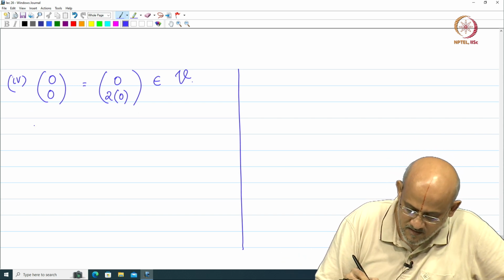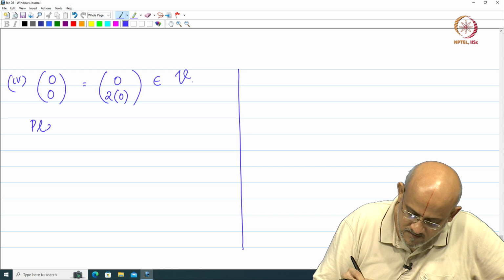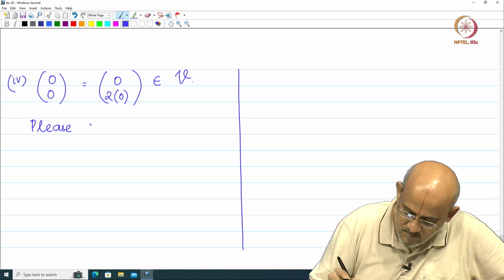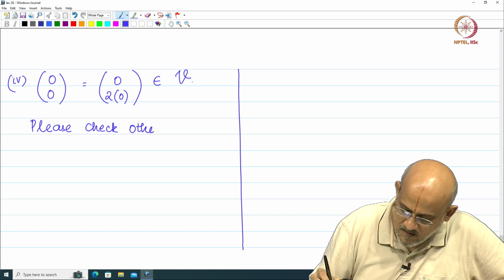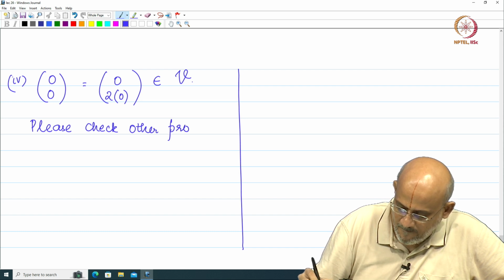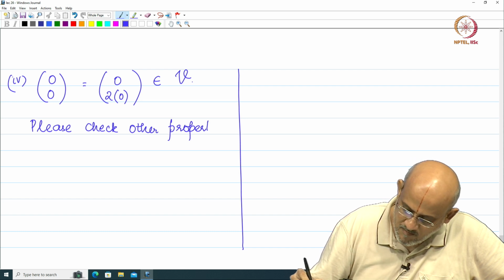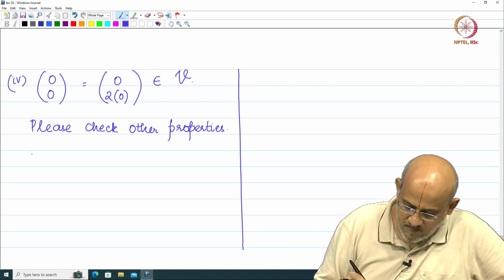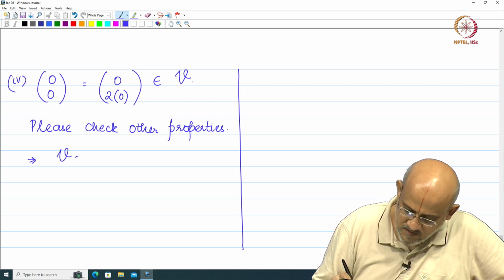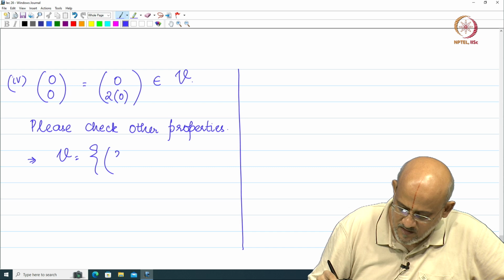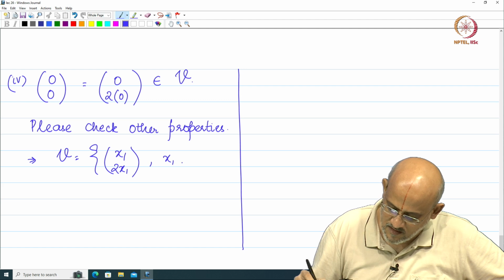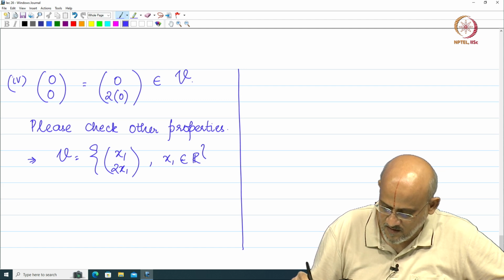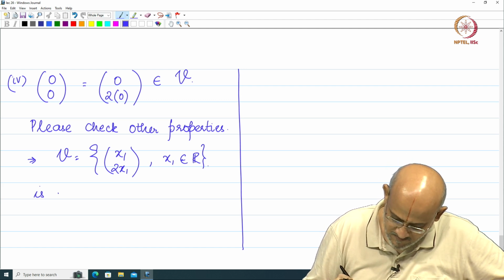You can list out all the other properties; please check them. We will see that this V, which is the set of all points (x1, 2x1), the set of all scalar multiples of the vector (1, 2) where x1 is a real number, is a vector space.